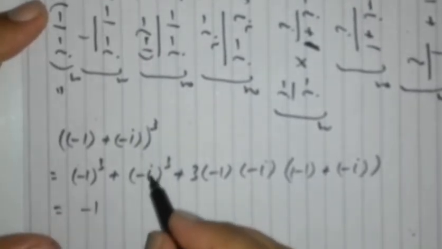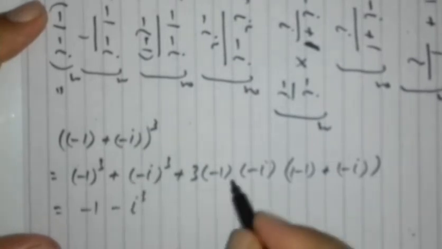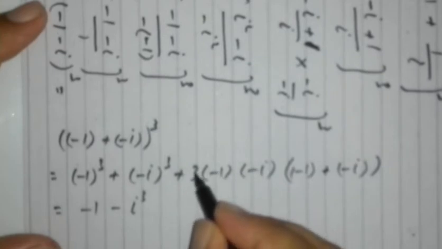Now look, minus 1 cube we get minus 1, and here minus iota cube, minus into minus plus 3 iota into minus 1 we get minus 3 iota, and minus into minus plus 3 iota into minus iota we get minus 3 iota square.